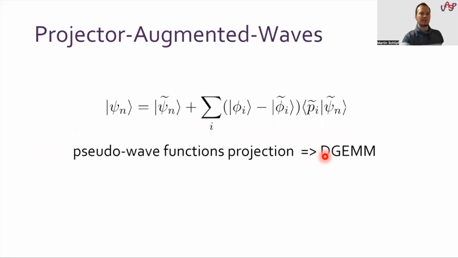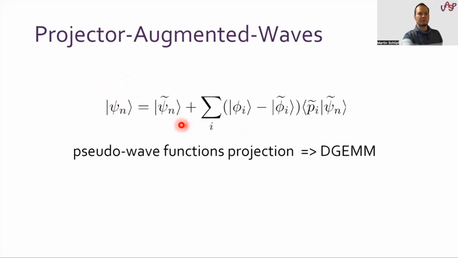Then we discussed that the plane wave code describes the electronic wave function in a pseudoized form. So this pseudoized orbital is represented on this plane wave grid. And then we have a method, the projector augmented wave method, to reconstruct the approximate form of the true orbital in this PAW approximation.